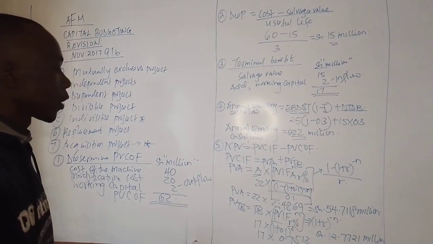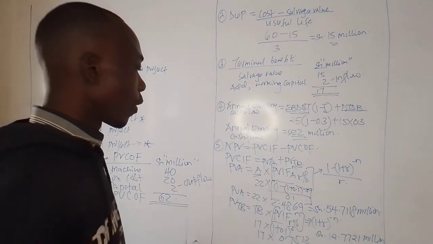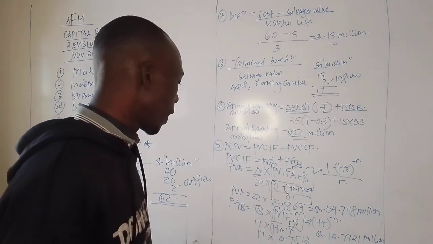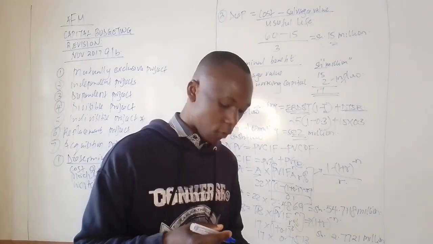Then we are going to accumulate the two for us to get the present value of cash inflow.